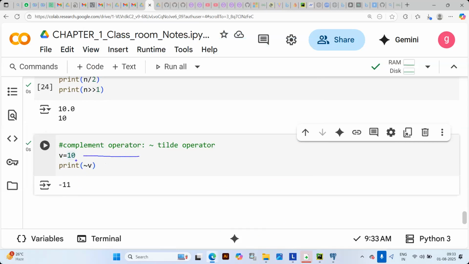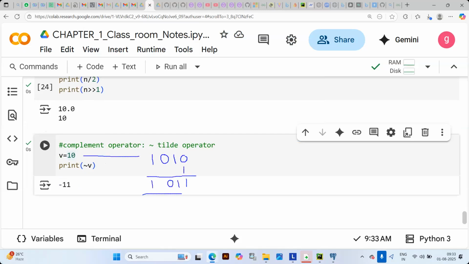10 is a decimal value. If you convert it into binary, 1010 will be the equivalent binary value. If we add a 1 to this at the least significant bit, so that it will be a 2's complement operation, 0 plus 1 is 1, 1, 0, 1.